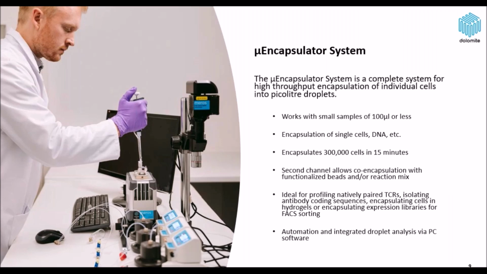It allows you to encapsulate single cells, DNA, enzymes, antibodies, anything you wish, and if you're working with, let's say, mammalian cells, it enables you to encapsulate up to 300,000 cells in approximately 15 minutes.